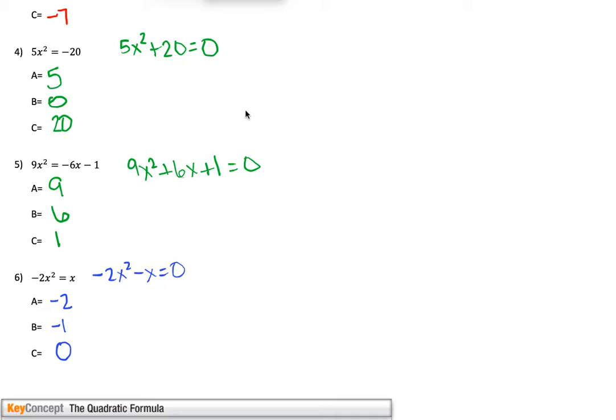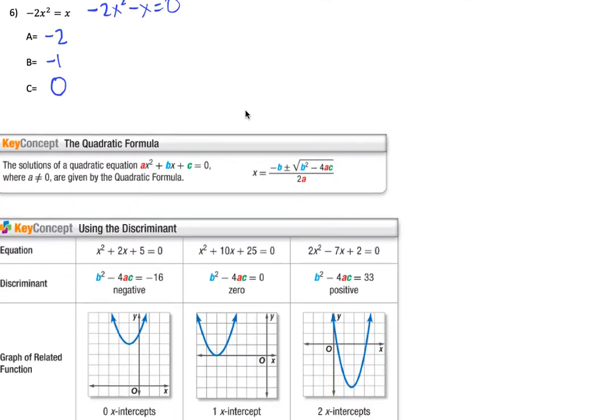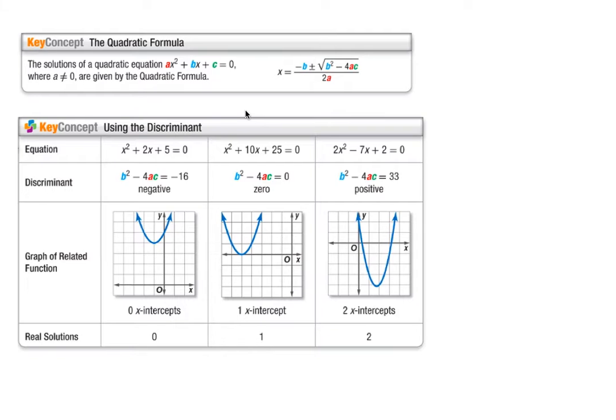Now that we have the a, the b, and the c, all the constants identified, we're going to use the discriminant. Again, here's the quadratic formula. And the discriminant is just a part right in here. The discriminant, I'm going to use my highlighter, is just the b squared minus 4ac.